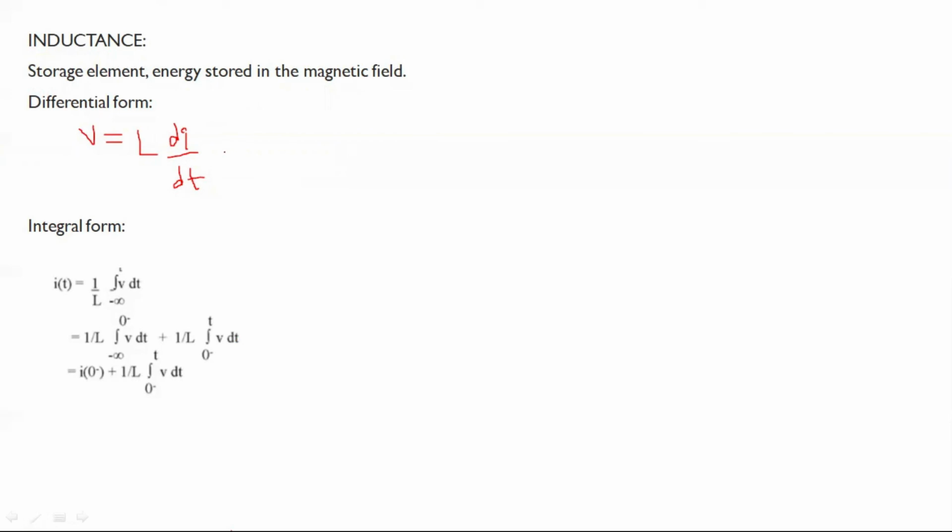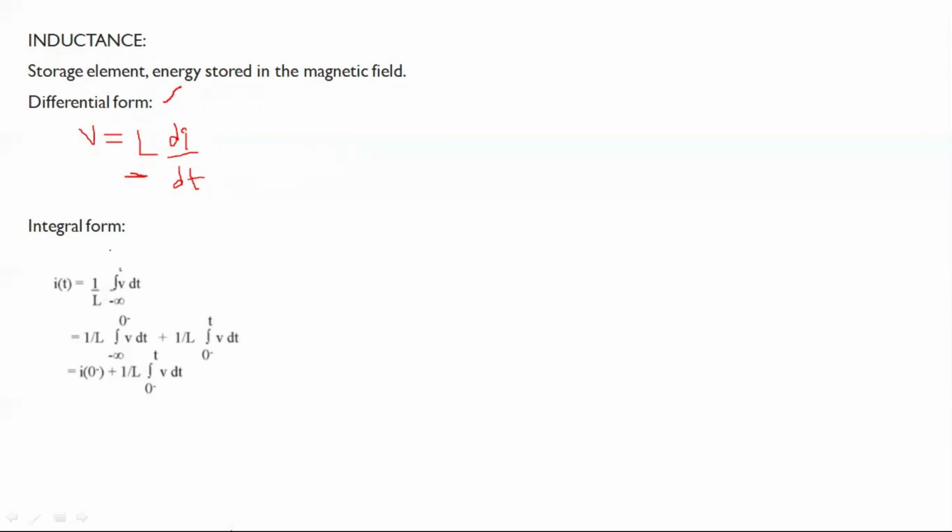L is the inductance in Henrys. Henry is the scientist who found the unit of inductance. Remember, inductance pertains to magnetic energy storage and capacitance pertains to electrical energy storage.